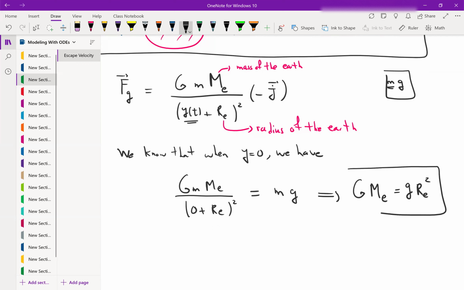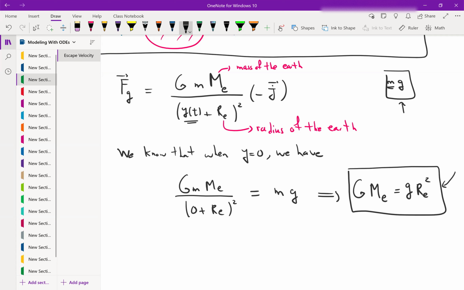So this is actually something interesting to know, right? We use the fact that on the surface of the Earth, the magnitude of this gravitational force must be equal to mg, and that tells us this beautiful relationship that you can use, for example, to see what little g is. What we know little g is 9.8 meters per second squared.